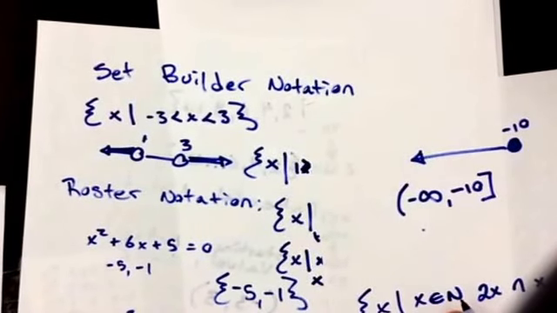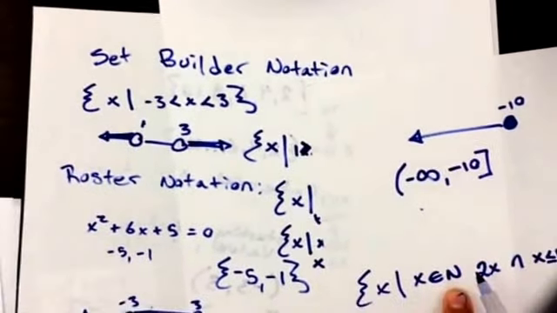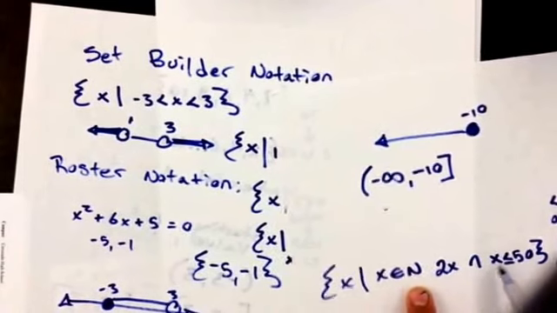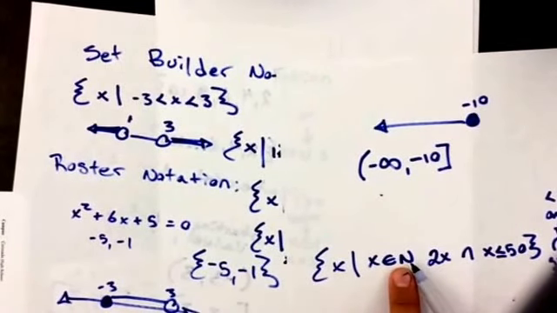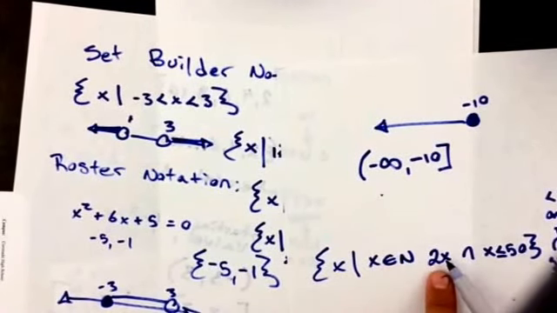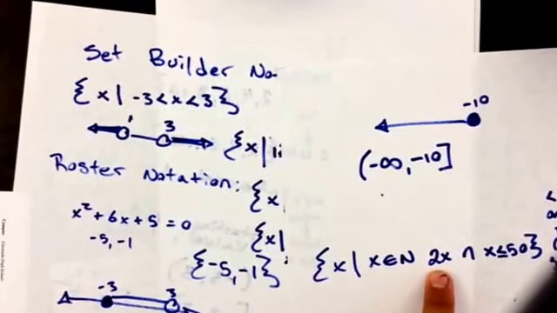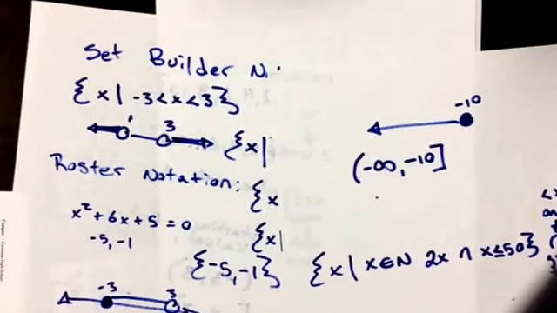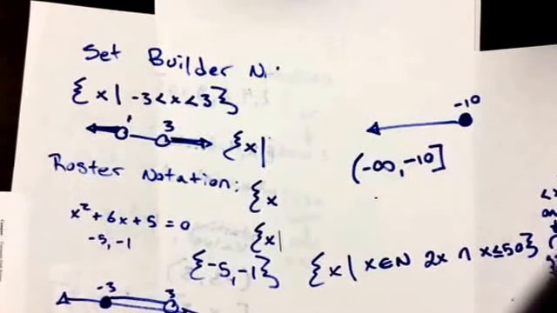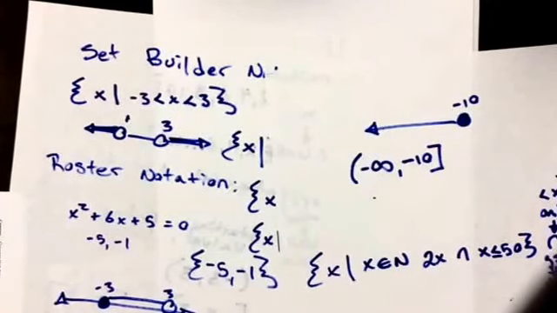So it's natural, which means I'm starting at 1, so I don't have to re-say that it's greater than 1. This natural tells me it starts at 1. I do 2 times 1, and I keep going until I get x equal to 50, and that's what gets me from 2 to 100. Hopefully that makes sense. I'm going to explain it a little bit more when you're in class, and we're going to go over a bunch of problems.